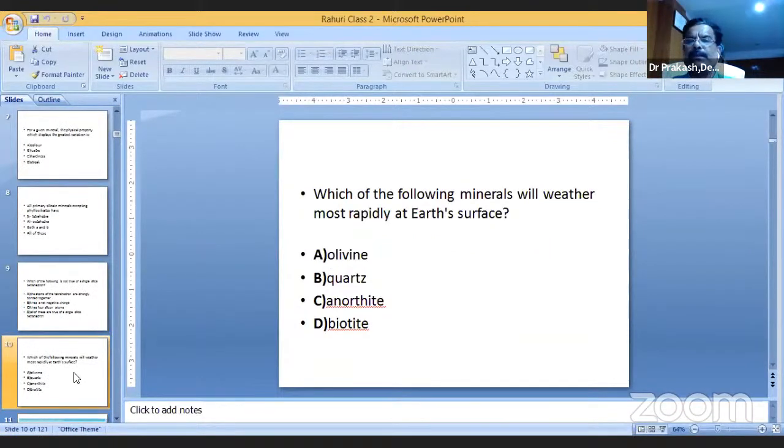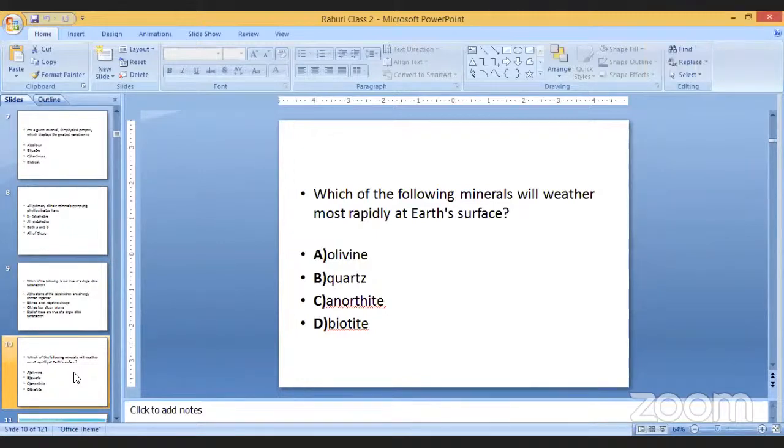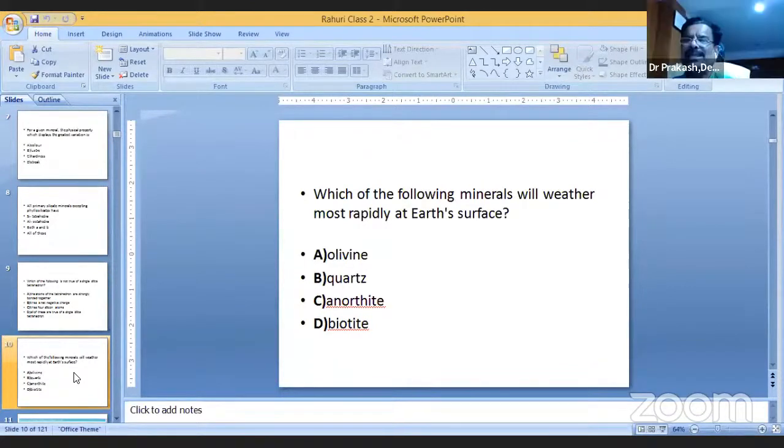Okay, which of the following minerals will weather most rapidly at Earth's surface? Olivine, quartz, anorthite, biotite. Olivine. Why? Sir, it is the most weathered mineral.